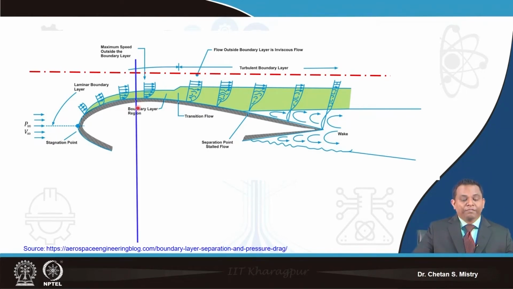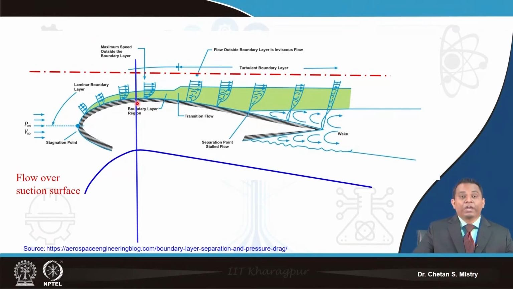Somewhere here the thickness of this airfoil is maximum, so this is the region where I will have maximum velocity. Let me put the velocity on my suction surface. The velocity with which my fluid is flowing on the suction surface tells me it is the acceleration of flow.